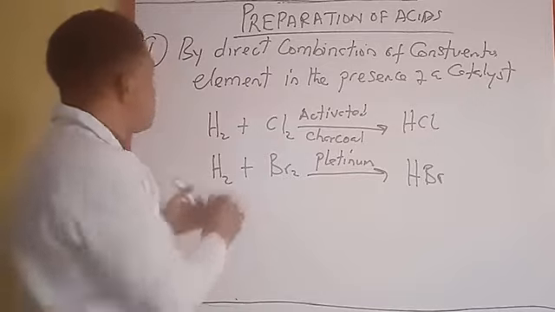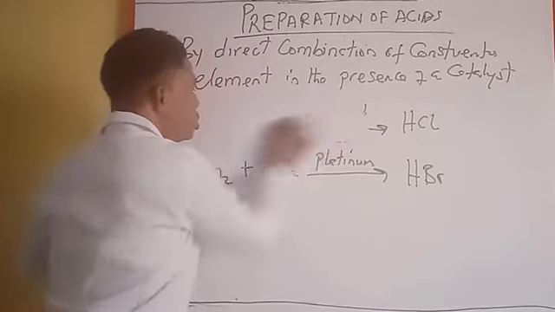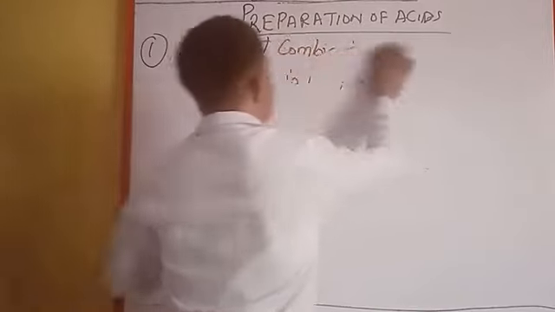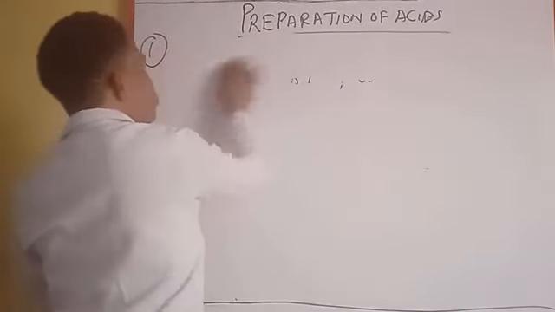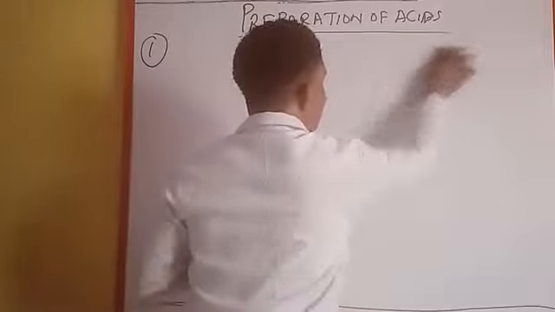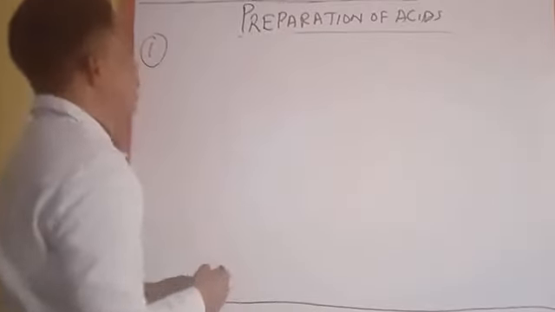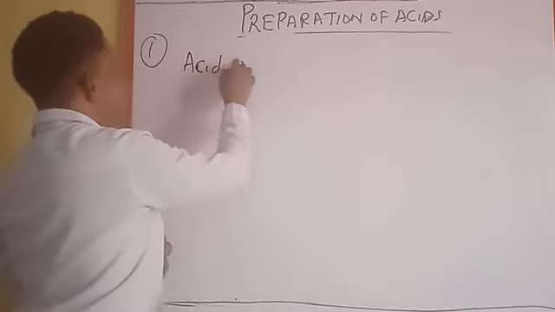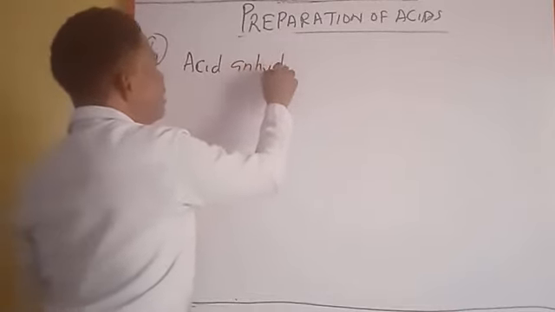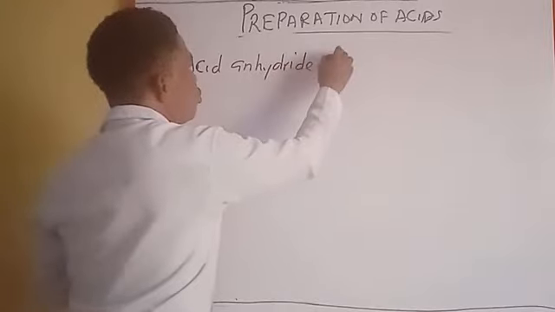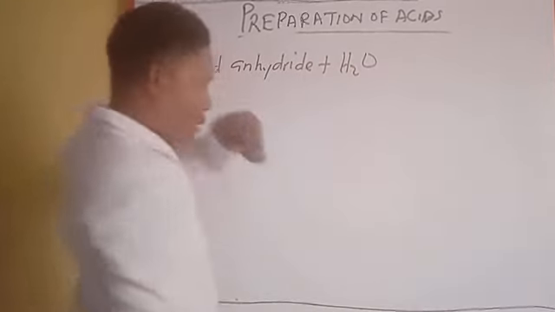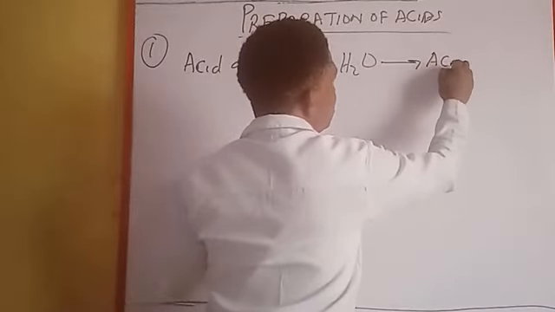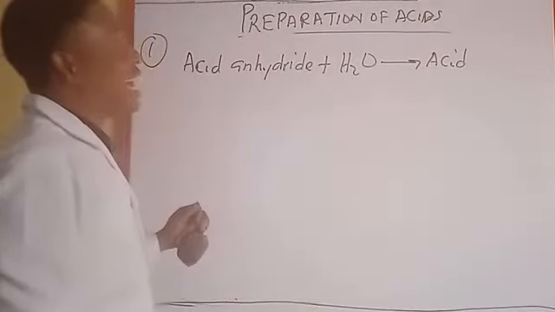Now the second method of preparing acid is the reaction of acid anhydride plus water. Acid anhydride plus water will give you acid. What is an acid anhydride?